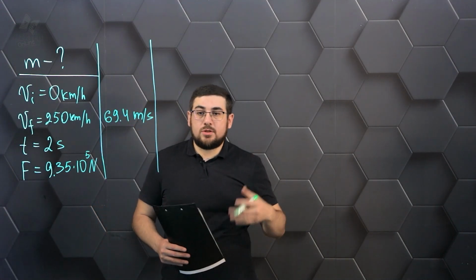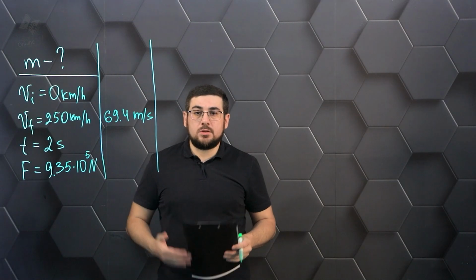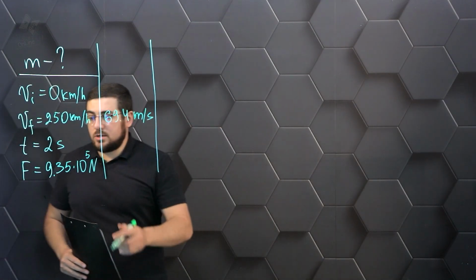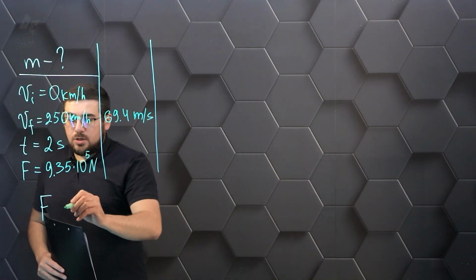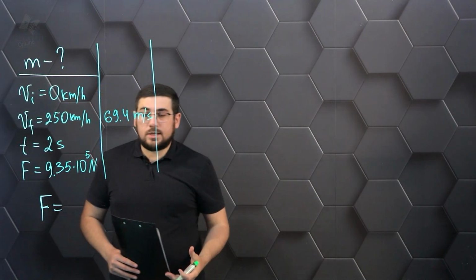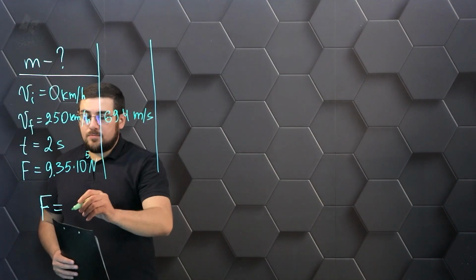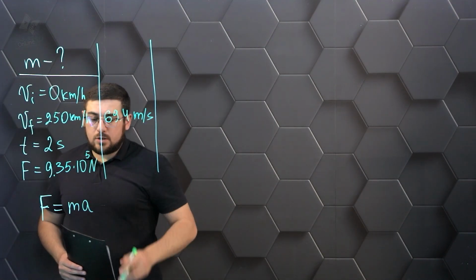If we apply Newton's second law of motion, given that the velocity changes by the action of a certain force, then of course we have to write down this law. We'll apply it in the form that describes the force that acts on this object. The force is mass times acceleration.